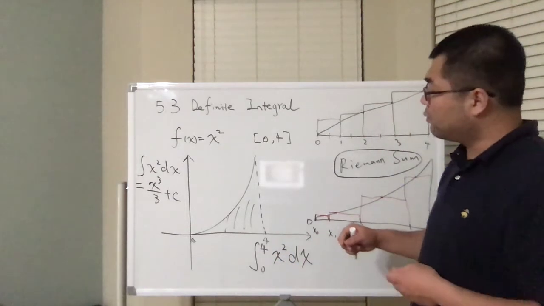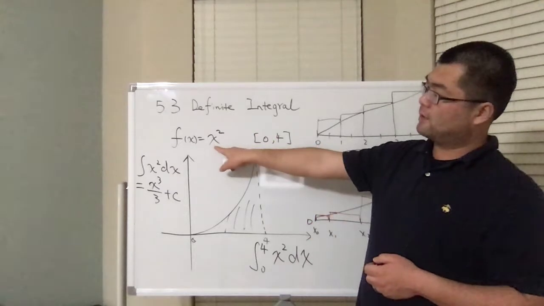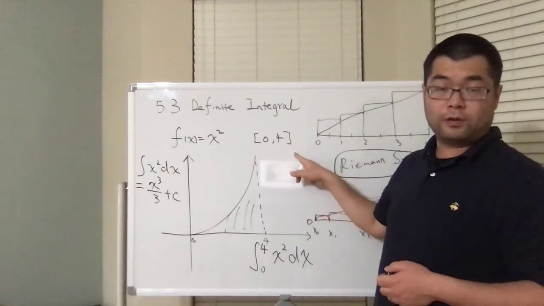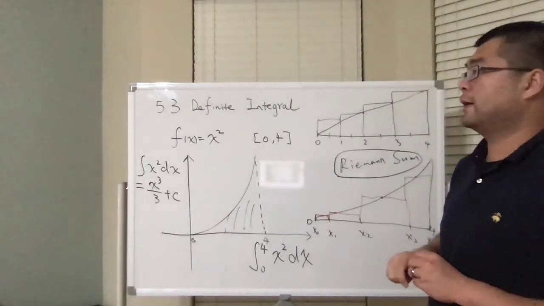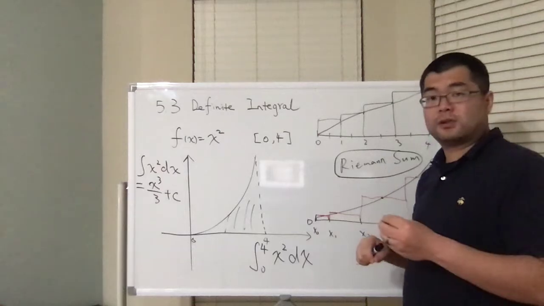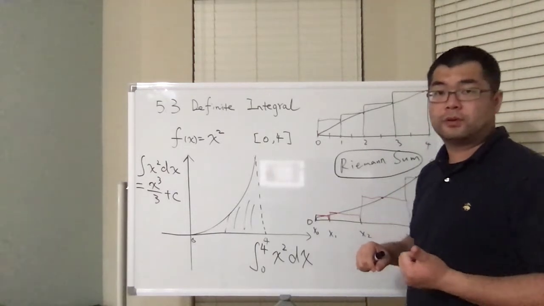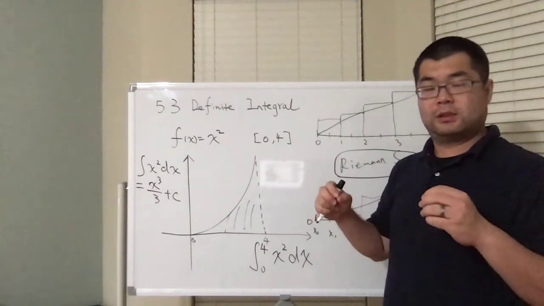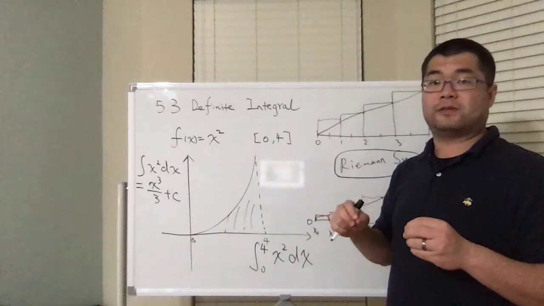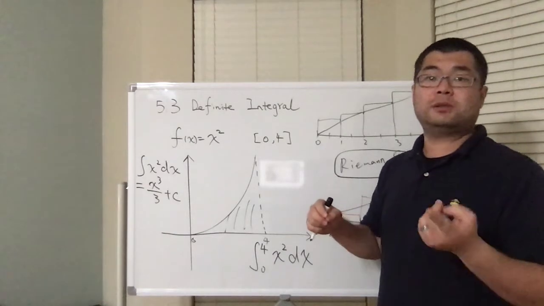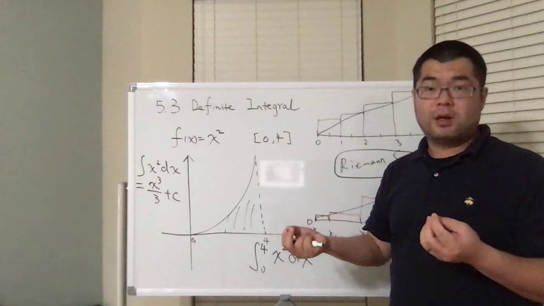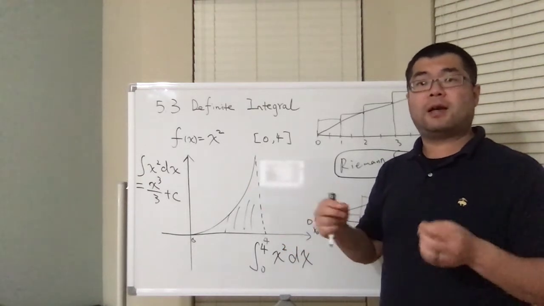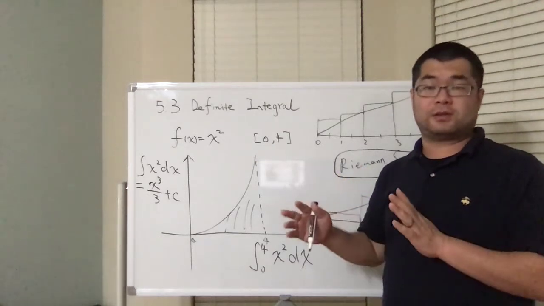We also say that this function is integrable on the interval from 0 to 4. If a function is continuous on the interval, or it has finitely many discontinuities on this interval, in other words, you can have one discontinuity, a jump, or two discontinuities, that's okay, but you cannot have infinitely many discontinuities on this interval.